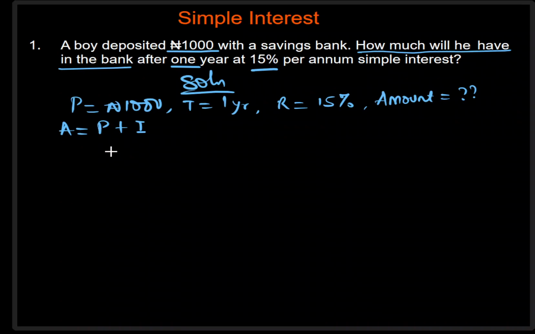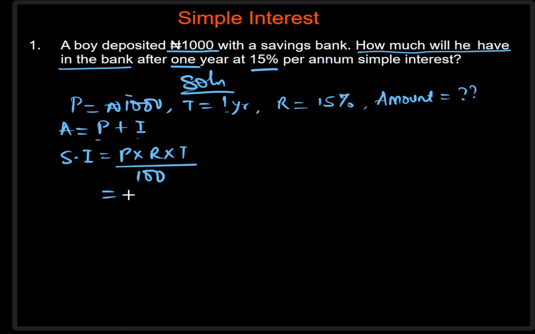Okay, we have our principal, but we need the simple interest. So the first thing we have to do is to get the simple interest, and I believe with principal, time and rate we can get our simple interest. So simple interest equal to principal times rate times time all over 100.